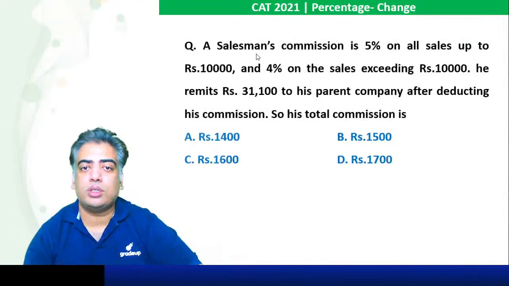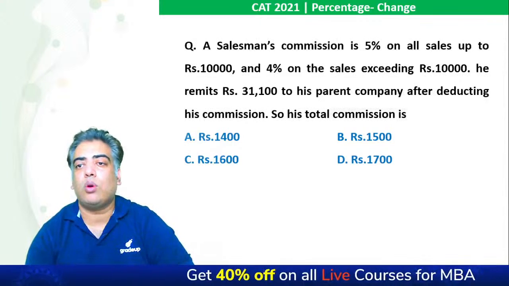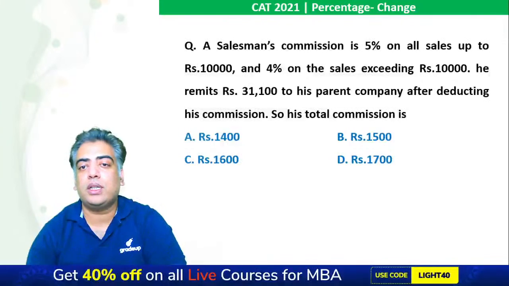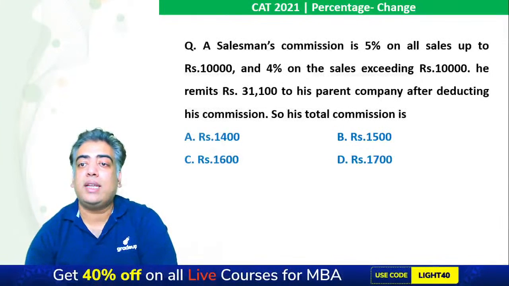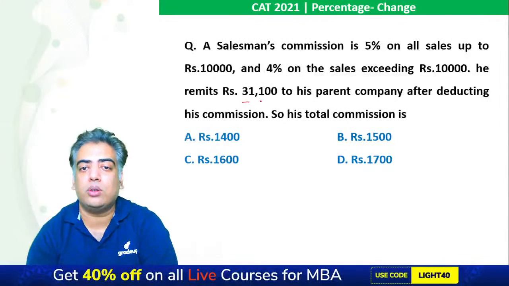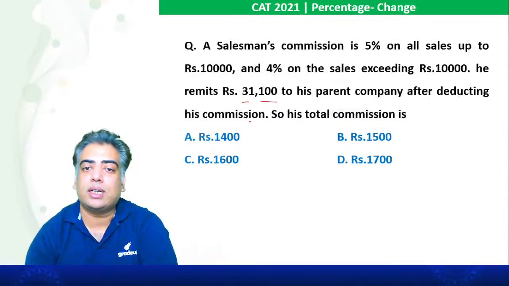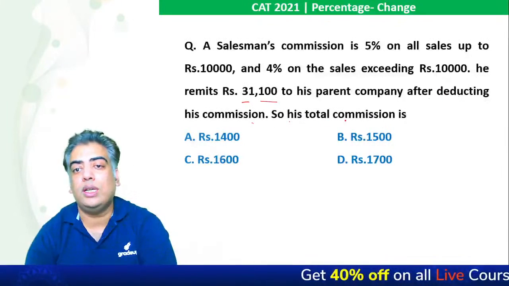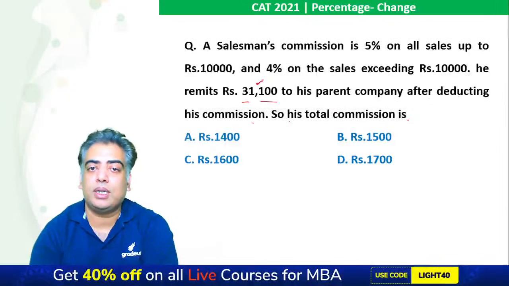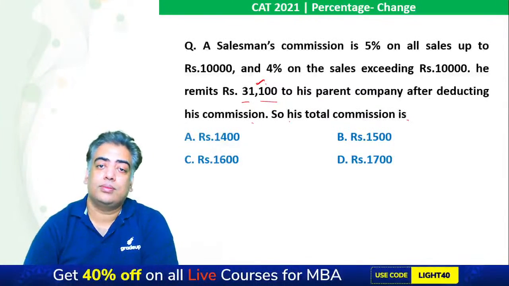So in this question it says a salesman commission is 5% on all sales up to 10,000 and 4% on the sales exceeding 10,000. He remits rupee 31,100 to his parent company after deducting his commission. So his total commission is, so he paid this much, right, after deducting his commission.